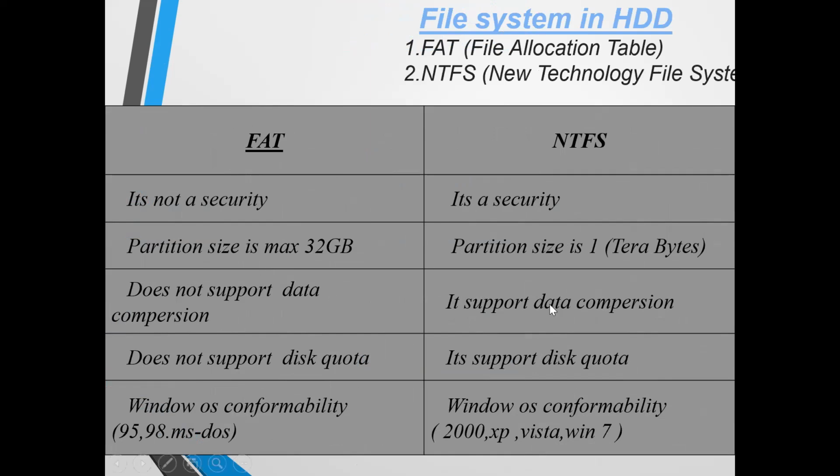To wind up, we want to look at what is NTFS, the filing systems in hard disk drives or in storage devices. FAT stands for File Allocation Table. That is for the olden computers. The modern ones now have NTFS. NTFS is the new technology filing system.